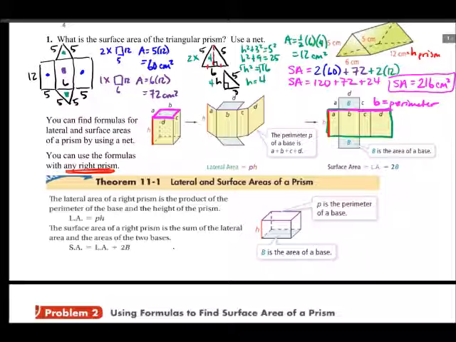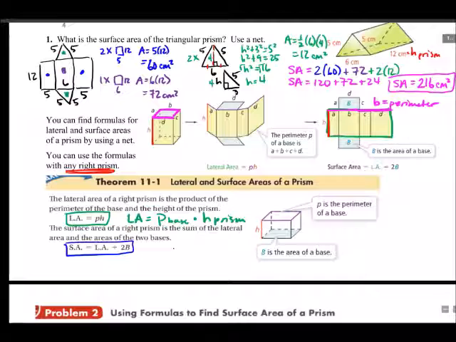So let's look at our formulas here. Lateral area is the perimeter of the base times the height of the prism. And this is why I told you need to keep the height of the prism and label it separately so that you know what it is. And then our formula for surface area is just our lateral area plus 2 times the area of the base.